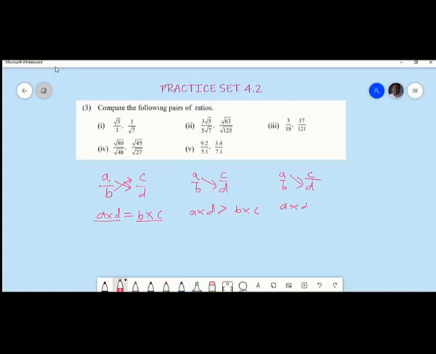If the second multiplication is greater than the first, then the second fraction is greater than the first one. These are the three properties. Using these properties we solve the above examples.